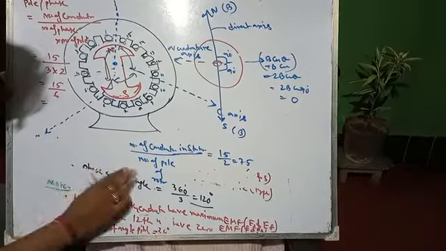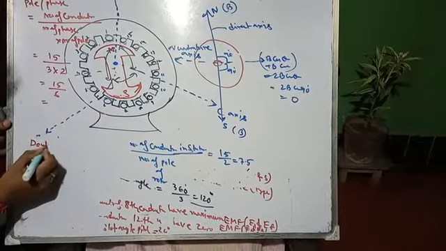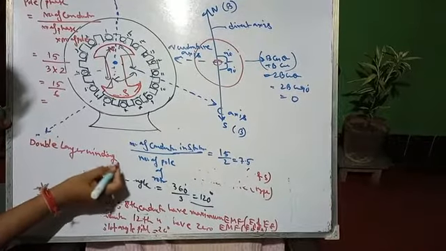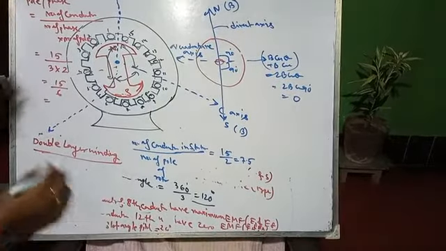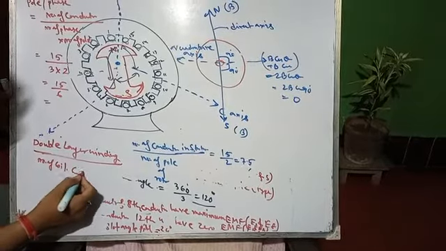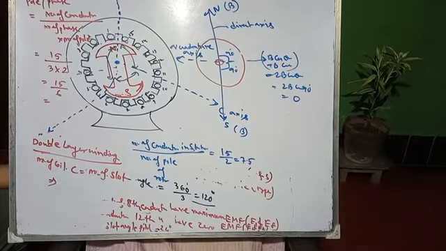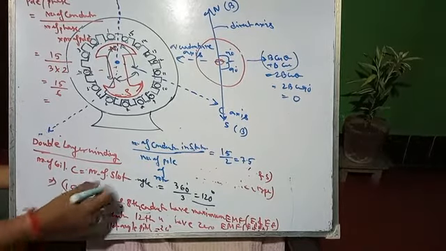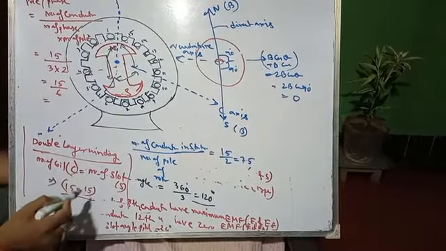For double layer winding, always remember, the number of coils C equals the number of slots S. There are 15 coils, so there should be 15 slots. So for double layer winding, C equals S.